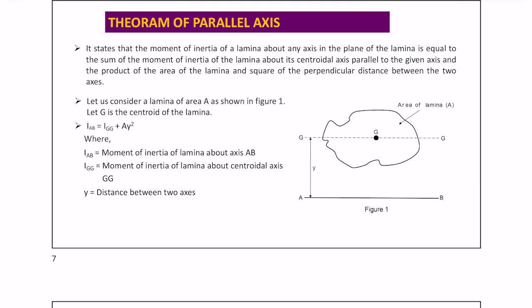If you are calculating the inertia at axis A and B, as per example here, it should be equal to the inertia at the gravity line here plus with the area, which is the area of the section that we calculate, and the distance from the center to the axis AB and power of 2.